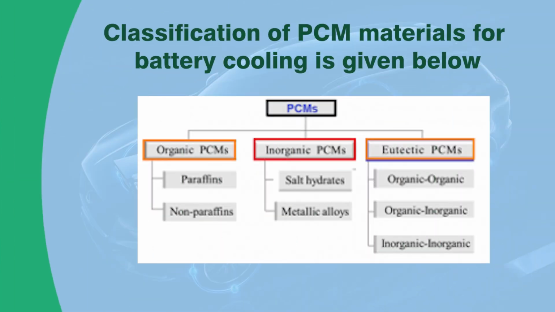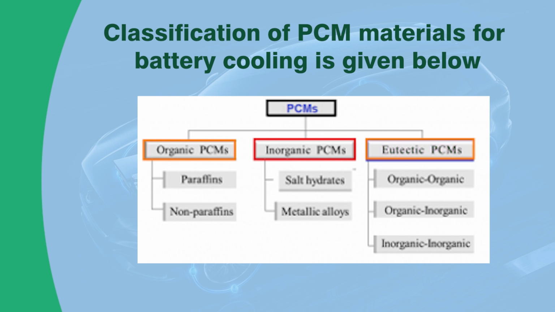Now, there are various phase change materials which are used for battery cooling. Some of these are organic phase change materials, inorganic phase change materials, and eutectic phase change materials. Eutectic is a hybrid of these two.